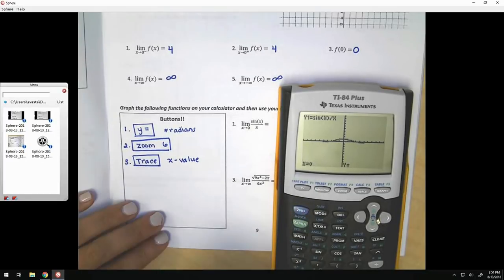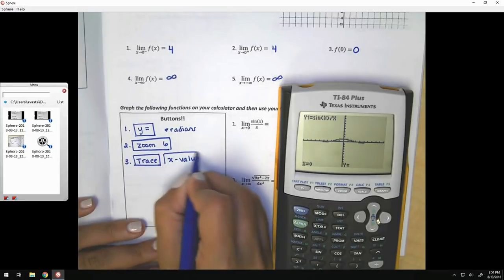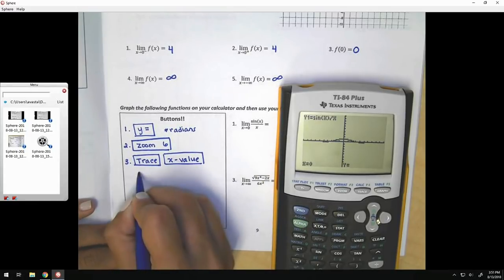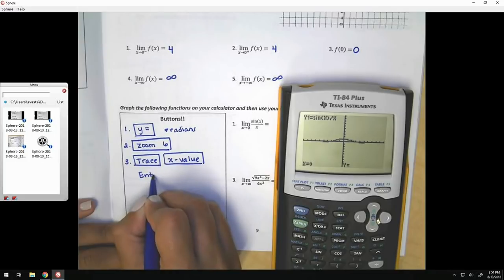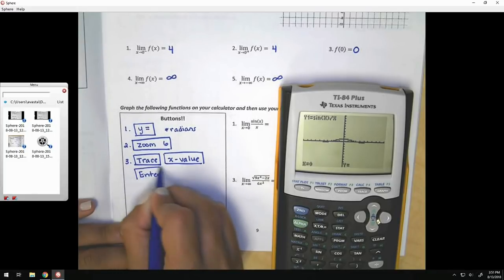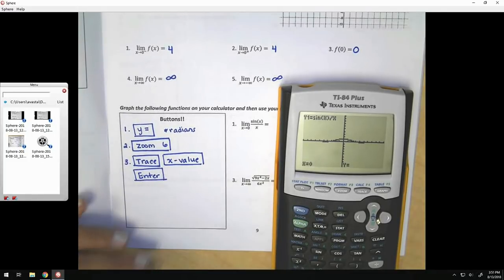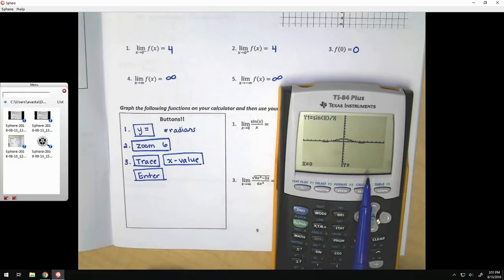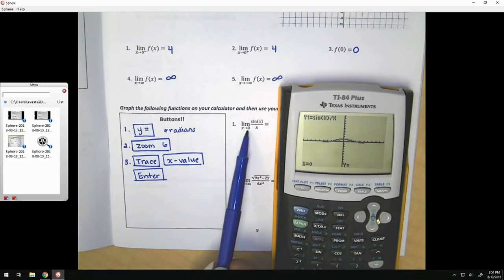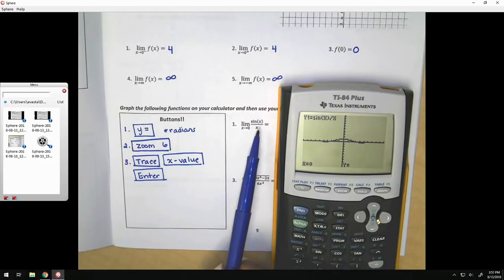And then I'm going to hit enter. Now you'll notice that on the screen we can see that x is 0 and y does not have a value. The reason that y does not have a value here is because when you actually take 0 and plug it into this function, you get an undefined value because there's an x in the denominator.